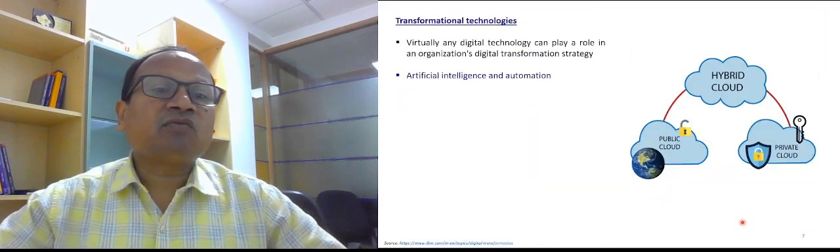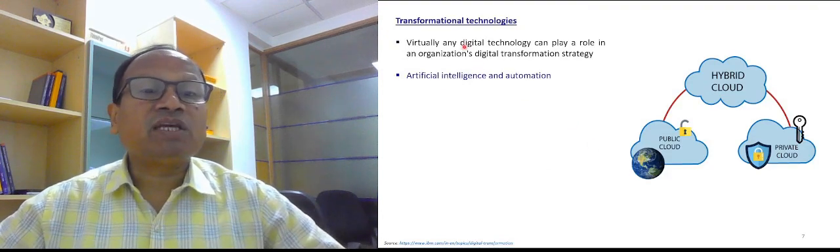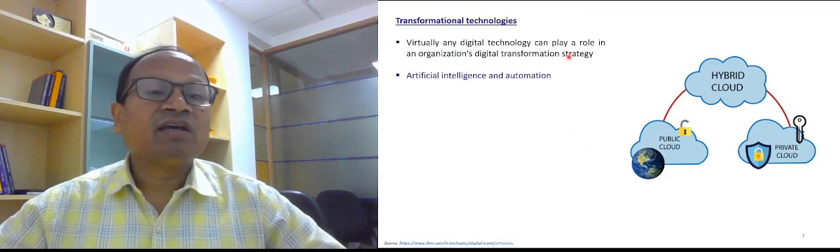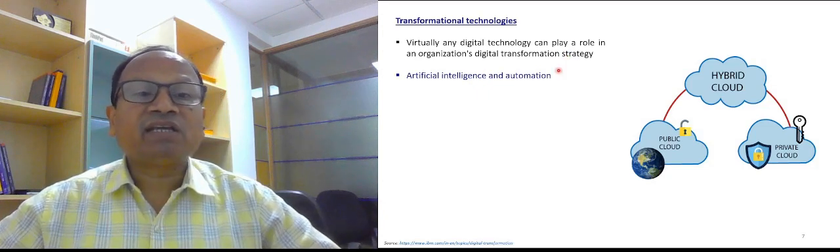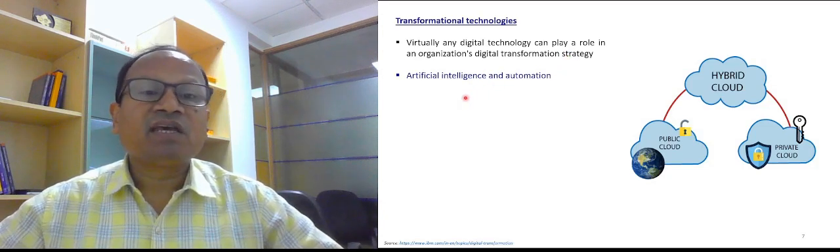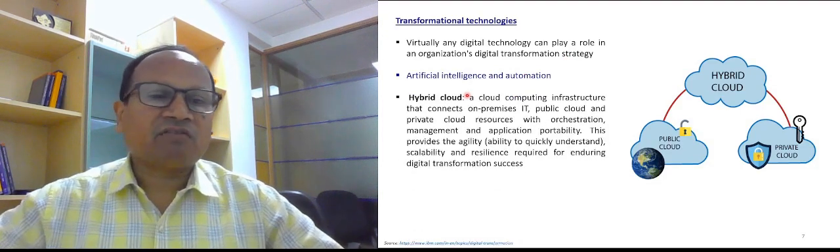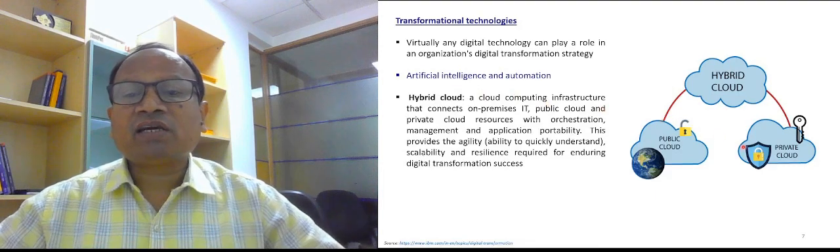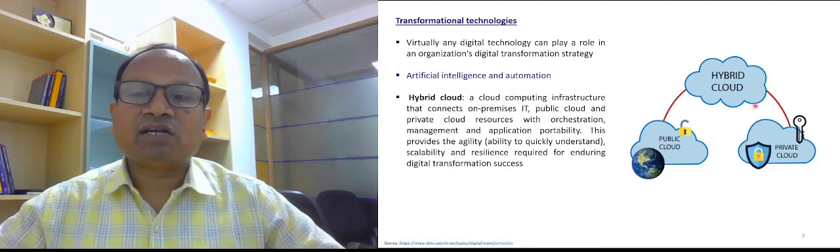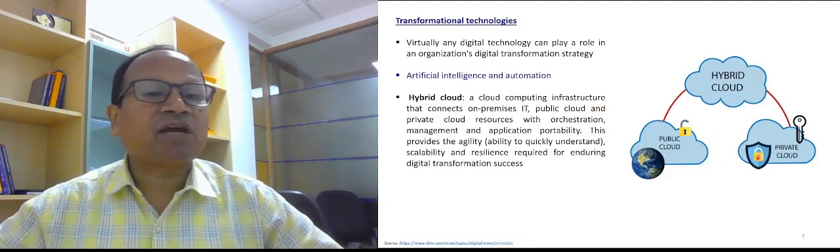So, what are the technologies used? Virtually any digital technology can play a significant role in implementing digital transformation strategies. AI, we all know AI, and especially automation are very important technologies. Then comes a different cloud called hybrid cloud, rather than public and private cloud.